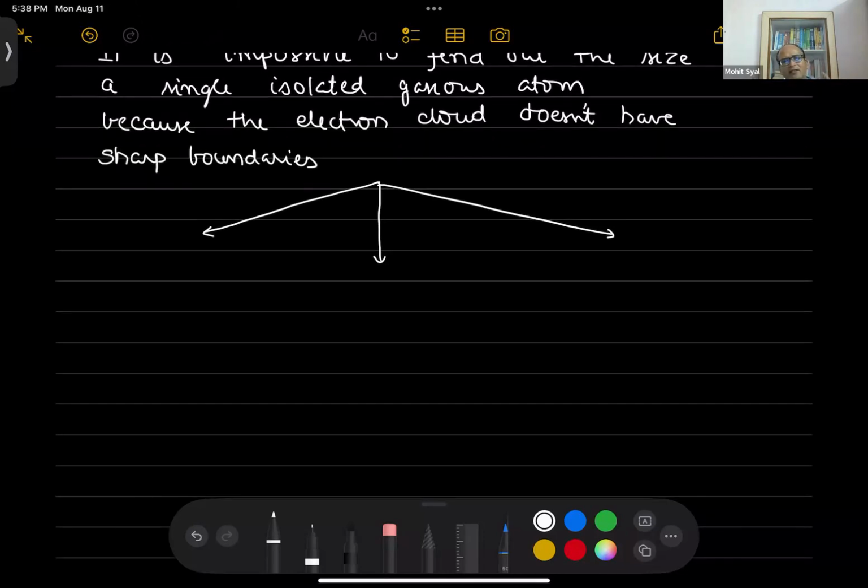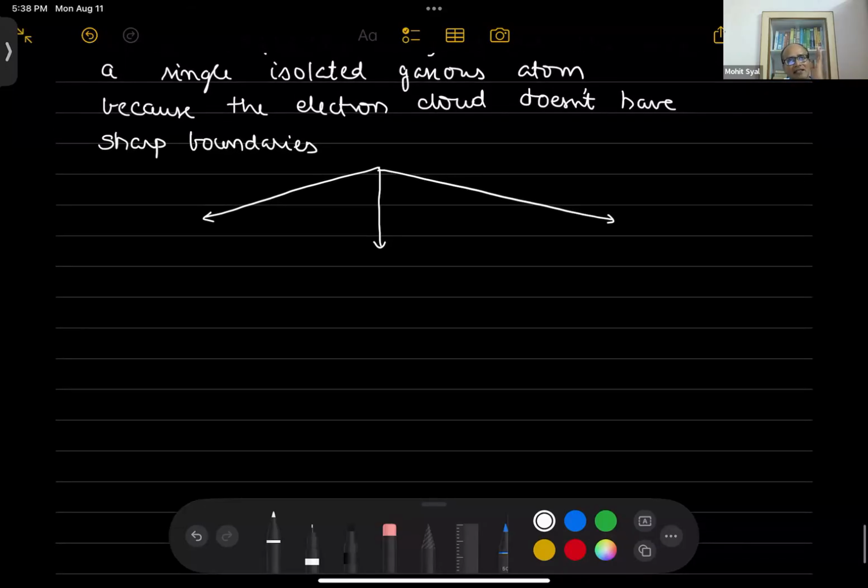If the atoms are very big, surely the size is going to be large, and if the atoms are small, they will have a small distance between them. You measure the distance by X-ray. There are various techniques by which you measure the distance between the two nuclei. You halve it, and that will be the size.